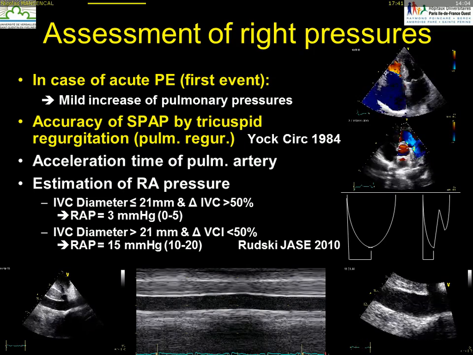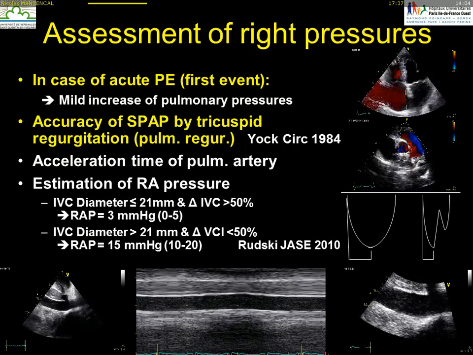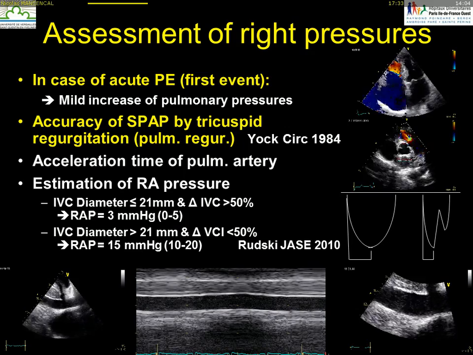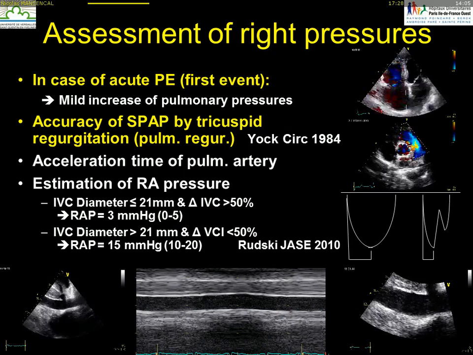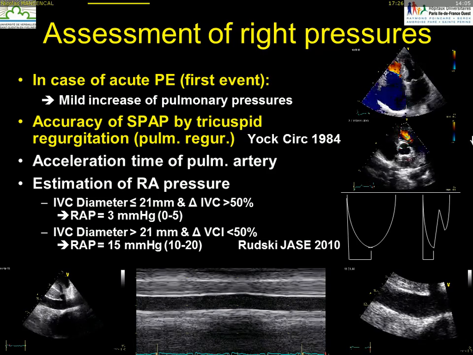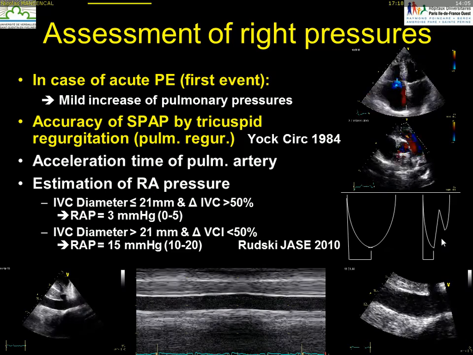When the measurement of the systolic pulmonary arterial pressure is not possible, we always have the possibility to measure the acceleration time of the pulmonary artery by PW Doppler. In acute PE with a significant obstruction, we have a short acceleration time, lower than 100 milliseconds.